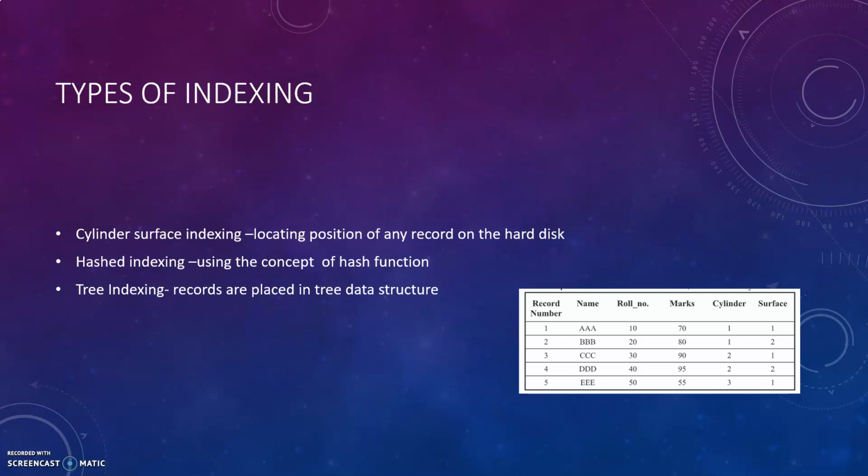Hash indexing, we have studied in Unit 1, where data is stored using a hash function and retrieved also with the help of a hash function. Then the next is tree indexing, where you place your records in a tree data structure.